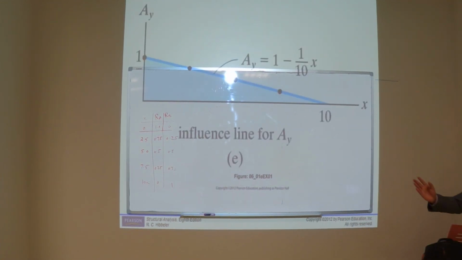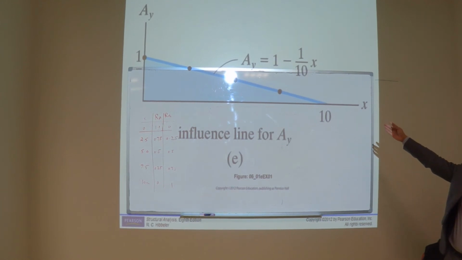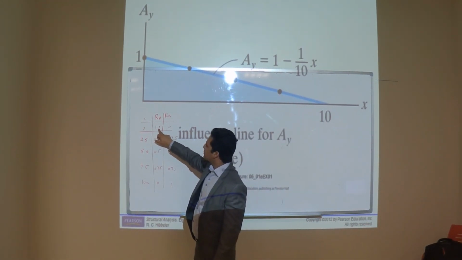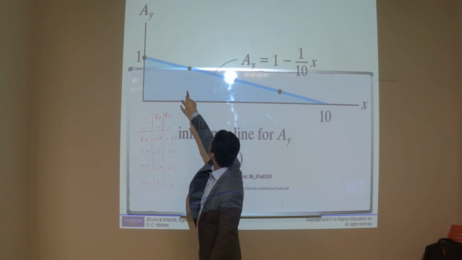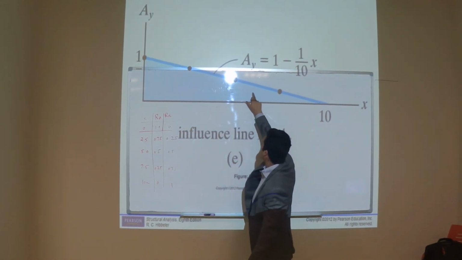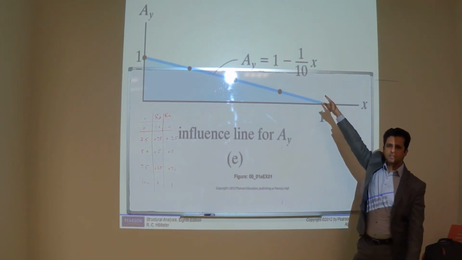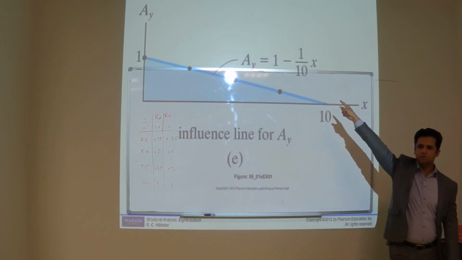And then it is a diagram for RA. Like when x is 0, it is 1. When x is 2.5, it is 0.75. When x is 5, it is 0.5. And when x is 10, it will become 0. And this is a function. We have drawn this function. I showed you.